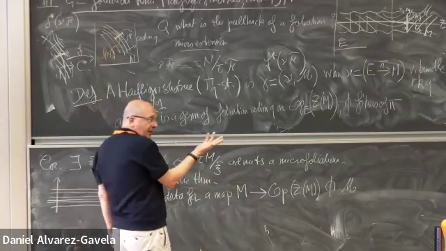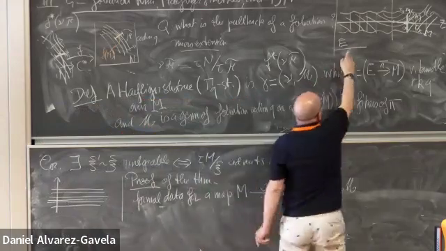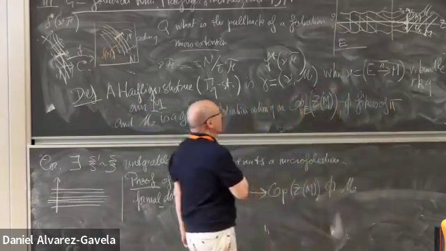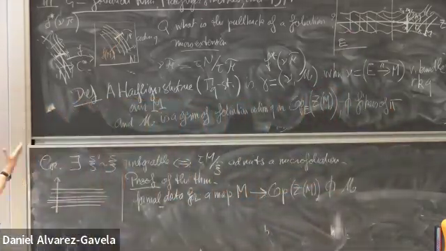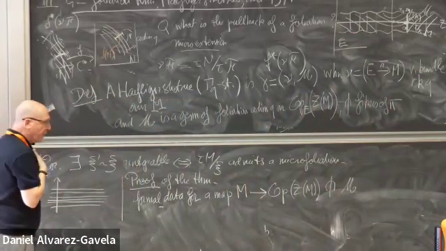We have a mapping from M into this neighborhood, which is transverse to the microfoliation, and we just have to pull back the microfoliation.